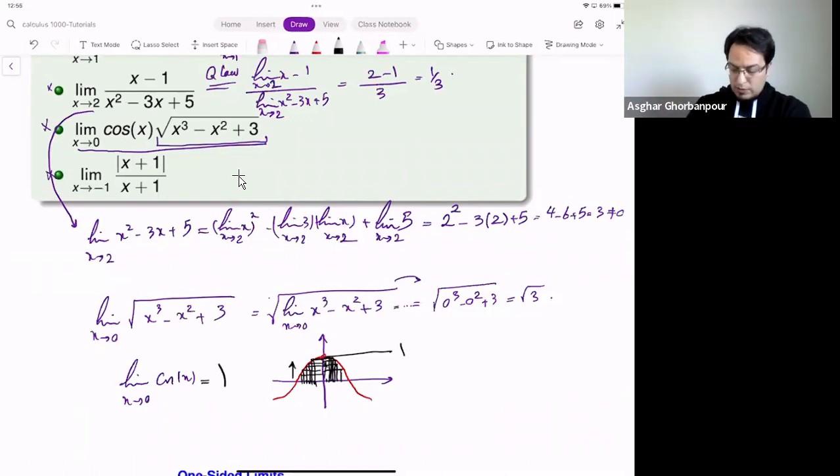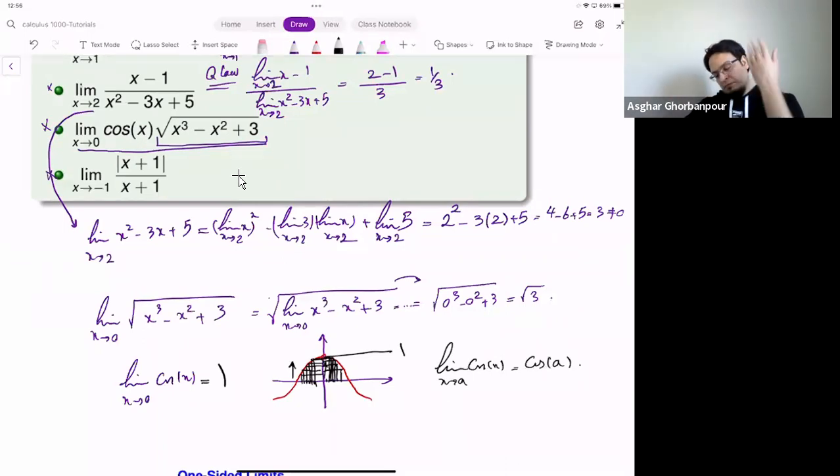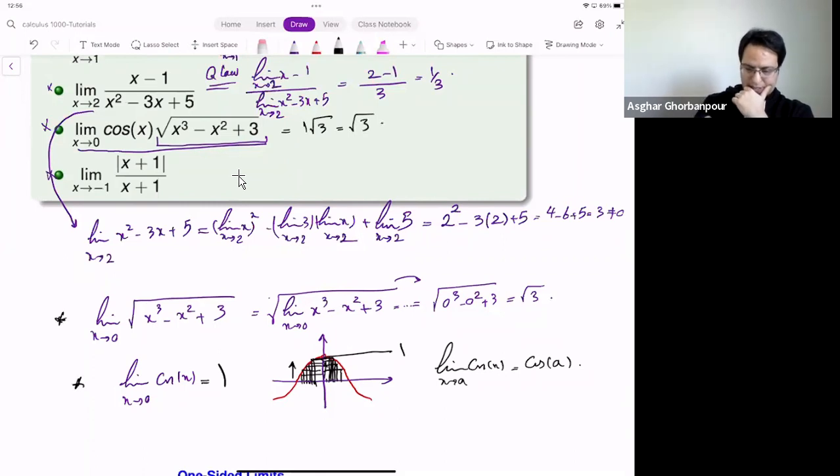In general, you will see that the limit of cosine of x as x approaches a is indeed cosine of a. So this will be just 1 times root 3. This is root 3. I have done this one, I have done this one, and as a result of those, we have that.